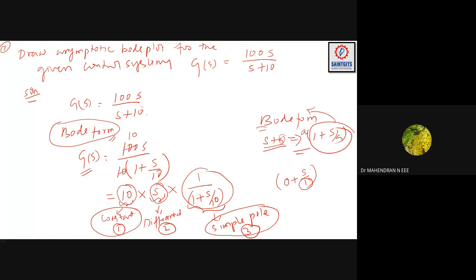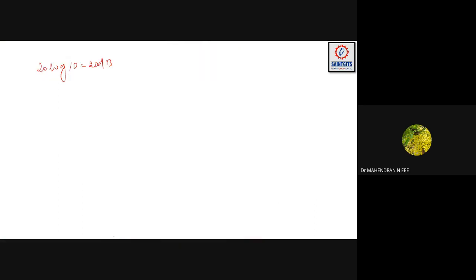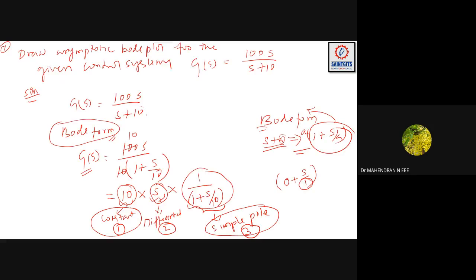We have to draw the asymptotic Bode plot for each of terms 1, 2, and 3, and finally find the Bode magnitude and phase plot. To start, take 20 log of 10, because 10 is your first term and it is a constant.